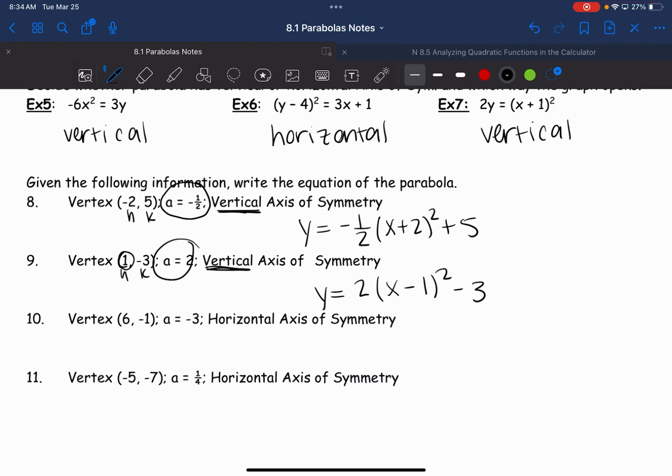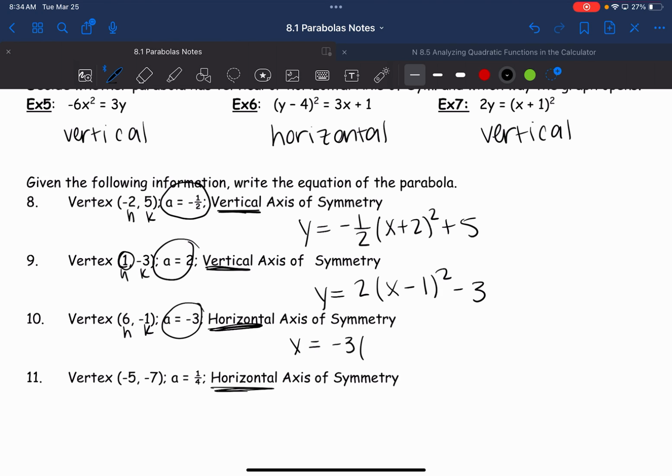And then we would have that minus 3 out there on the end, right? Okay, now number 10 and 11, these ones are going to have the h and k values switched, right? Because these ones said they were horizontal. So this is still h and k, but since it's horizontal, I'm going to have x equals our a value, which was -3.